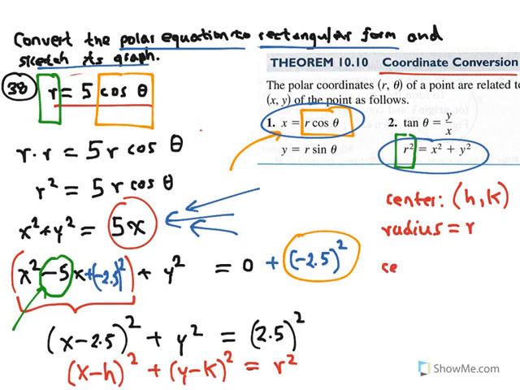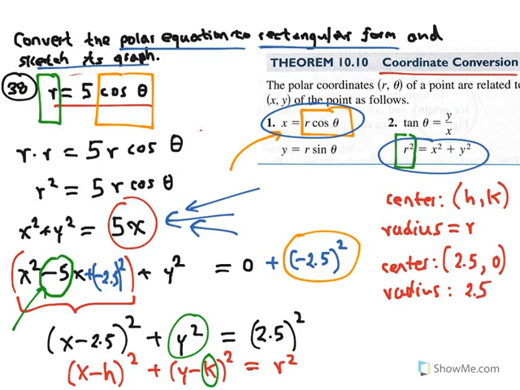So for our particular circle, the center will be at (2.5, 0). K is equal to 0 in our particular problem. And the radius would be 2.5.